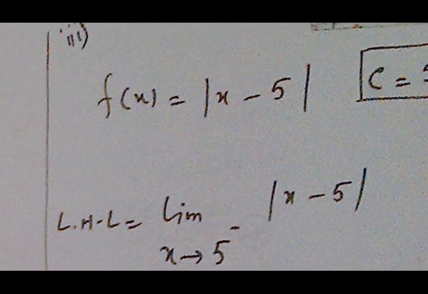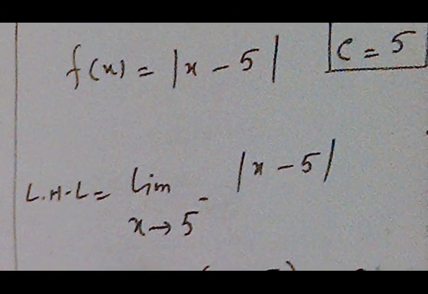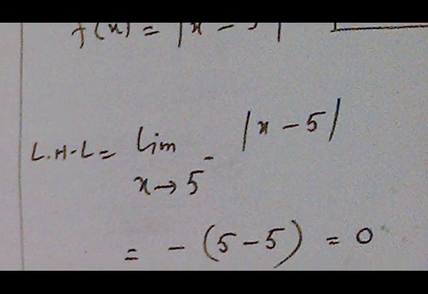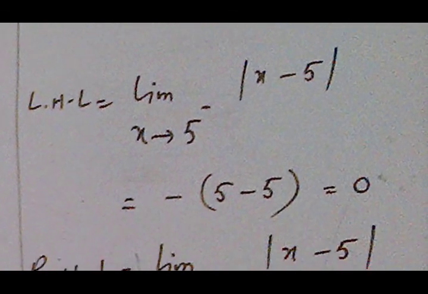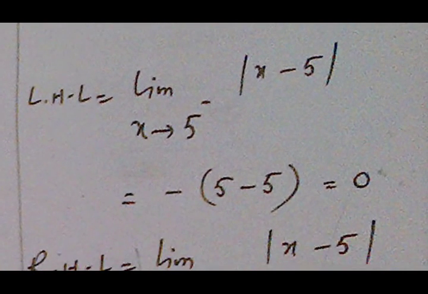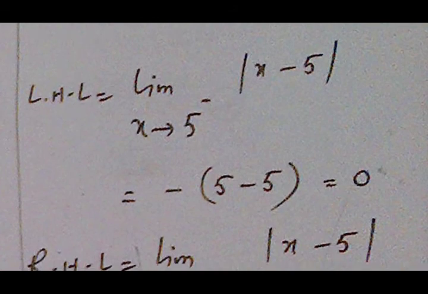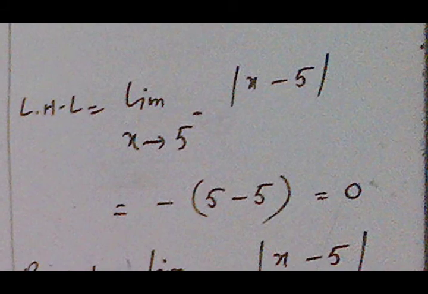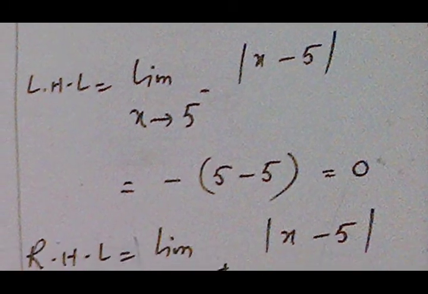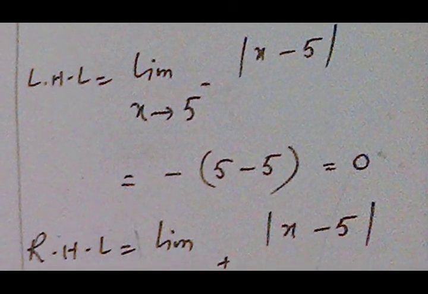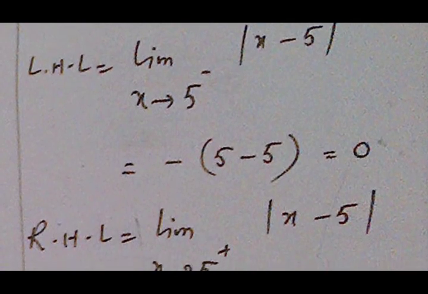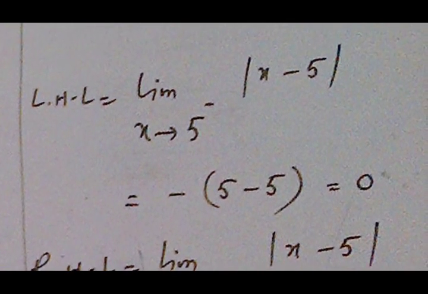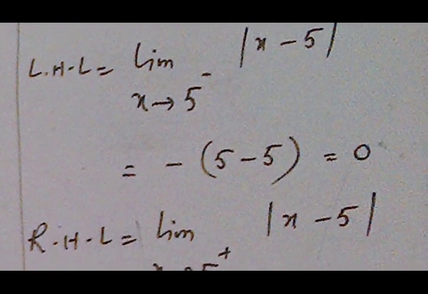Now in the third part, we have a magnitude sign at x equal to 5. For the left hand limit, x tends to 5 minus. The minus sign above the value 5 shows a value less than 5. If we put a value less than 5, it gives a negative sign.